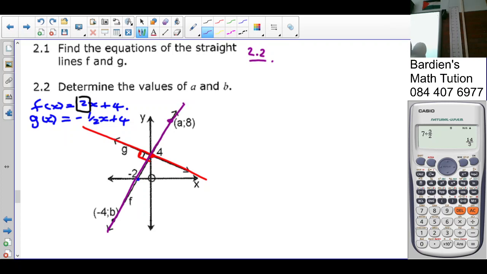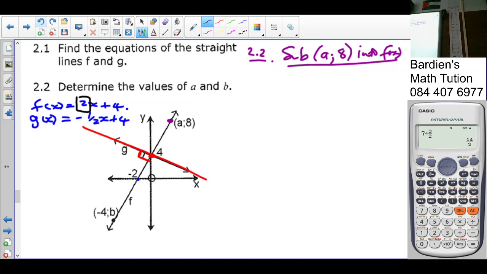Now remember, if I put the x in, I get a y out. Or if you put the y in, you get the x out. So what I'm going to do is substitute a and 8 into the graph of f of x. Why am I not going to substitute into g of x? Because it does not lie on g of x. Okay, you understand?